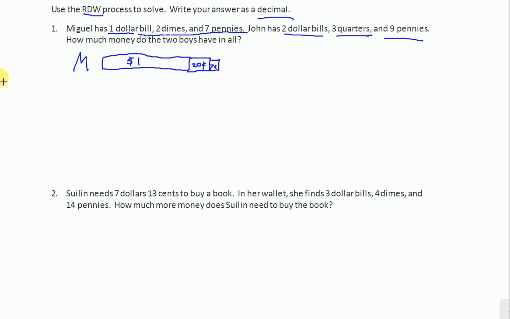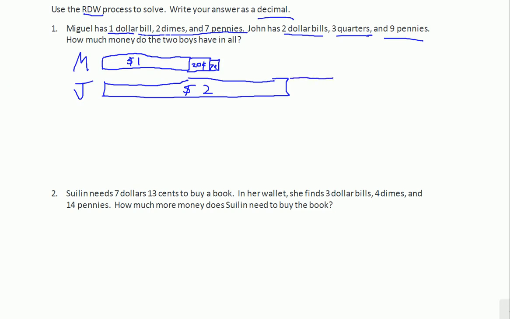All right, and then we have John. John has $2, twice as long, and he's got 3 quarters, which is 75 cents, and 9 pennies, which is 9 cents.